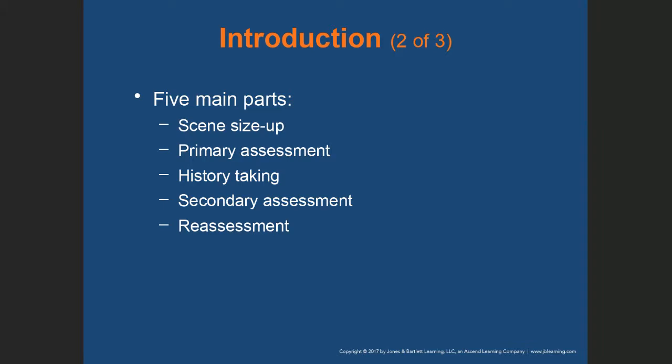All areas are important. The most important area, though, is the primary assessment. The reason why the primary assessment is the most important area, because this is the area of the patient assessment algorithm in which you make contact with the patient. So this is where you make contact, identify life threats, and address them.